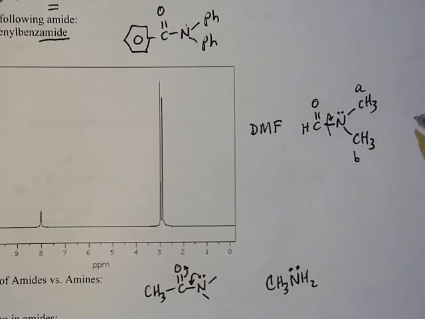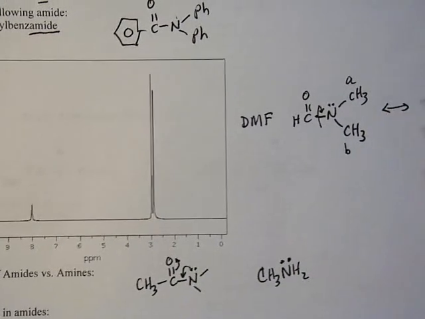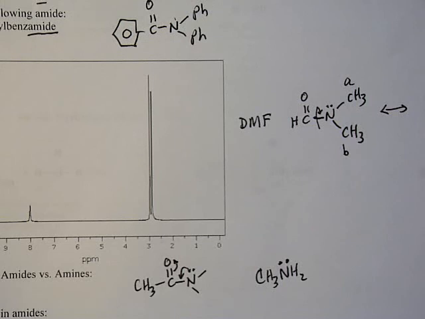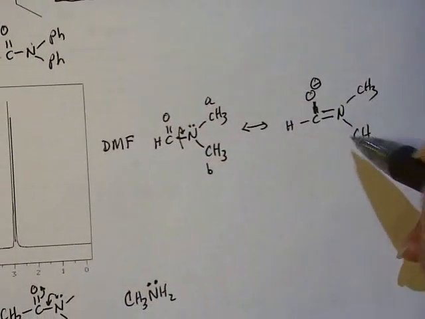And the reason for that is because of this resonance structure that we talked about, in which there's a strong, single-bonded here, characteristics of a double bond between the carbon and nitrogen, all right?